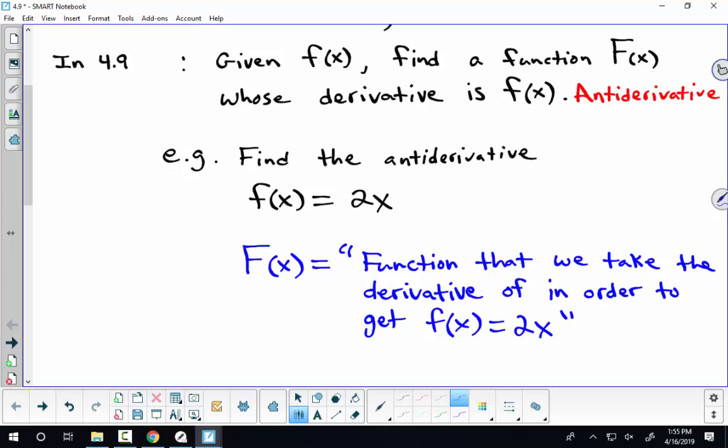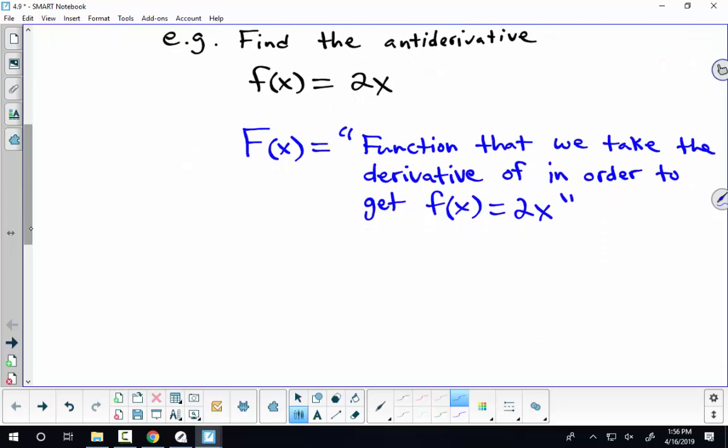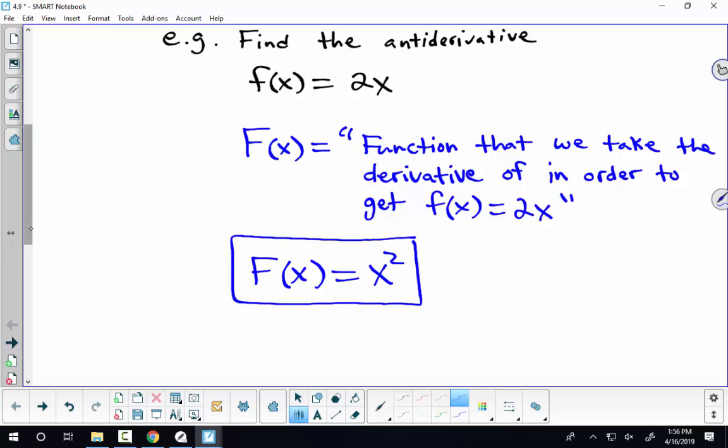So what function, when I take its derivative, do I get 2x? X squared. So there's the antiderivative of the function 2x.